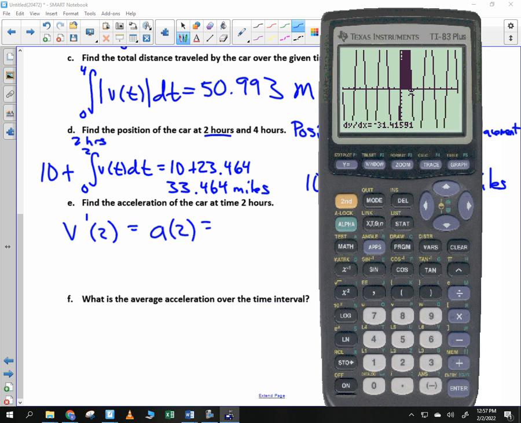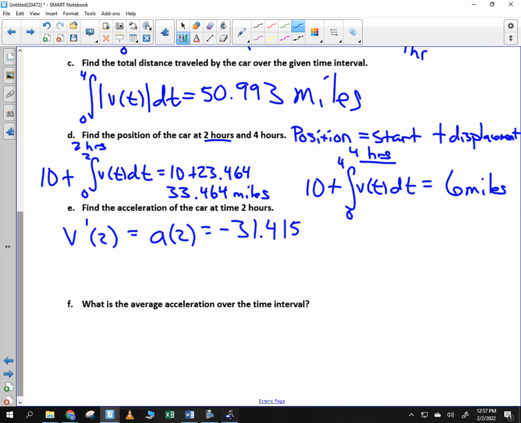I get negative 31.415, and we're finding acceleration. The label for acceleration is miles per hour squared. Are we okay with that?